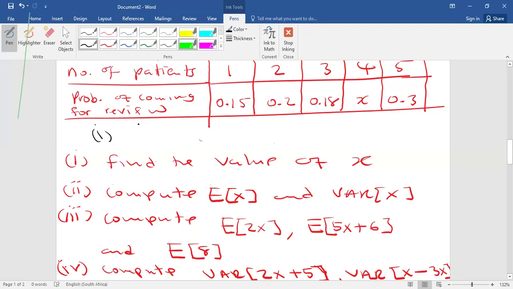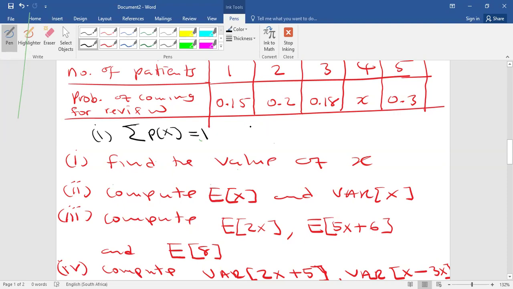We apply the fact that in a discrete probability, summation of px, all the probabilities sum up to 1. So this will help us find the value of x.